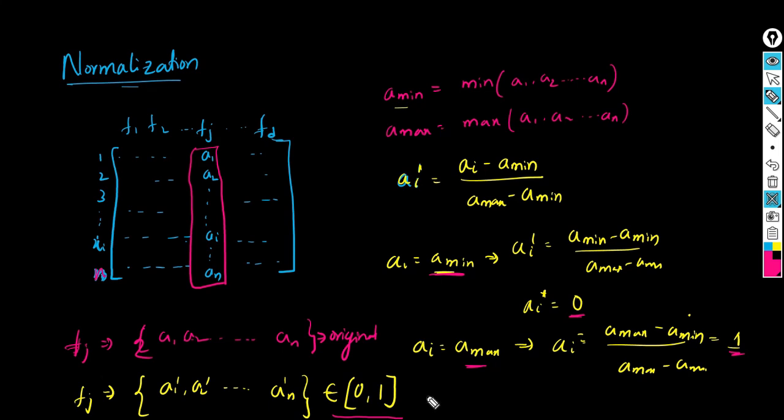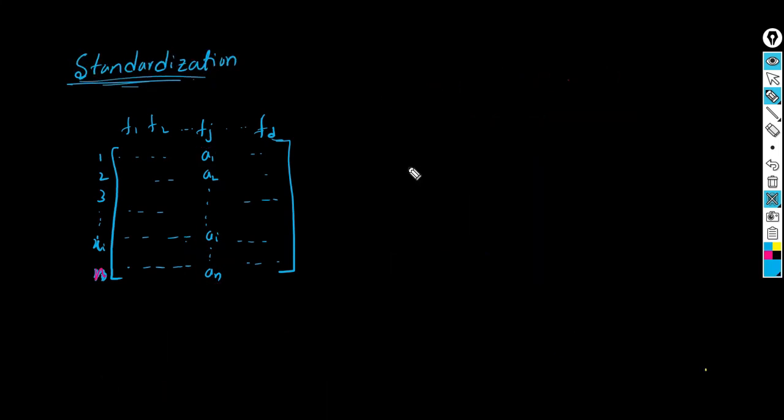Now let us see how standardization works. Like normalization, standardization is another approach to preprocess the data. Here also we will consider the data in matrix form, with features from f1 to fd. That means d number of features are there and n number of points are there.